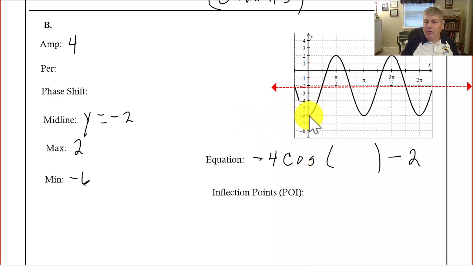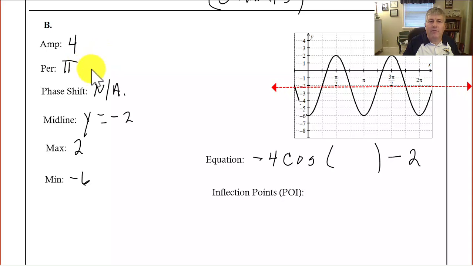It looks like we're starting at our minimum, so there's no phase shift, or we can do this one without a phase shift, and we go through the entire cycle between 0 and pi. So our period is pi. So we've done a squeeze of this period.